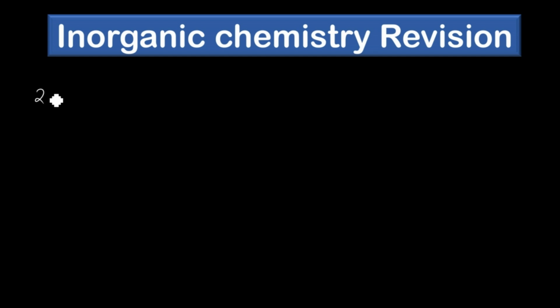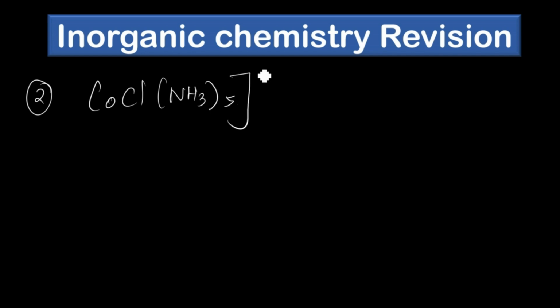Then the second example I would take is [CoCl(NH3)5]2+. Once again, this itself is a cation. There are two kinds of ligands, Cl and NH3. In that case, which comes first? Alphabetical order.